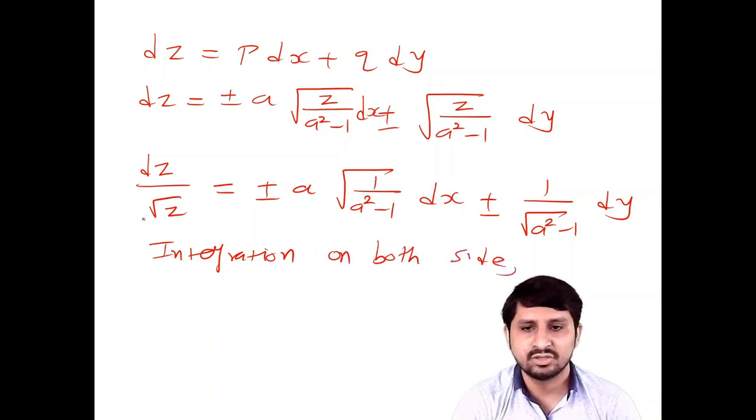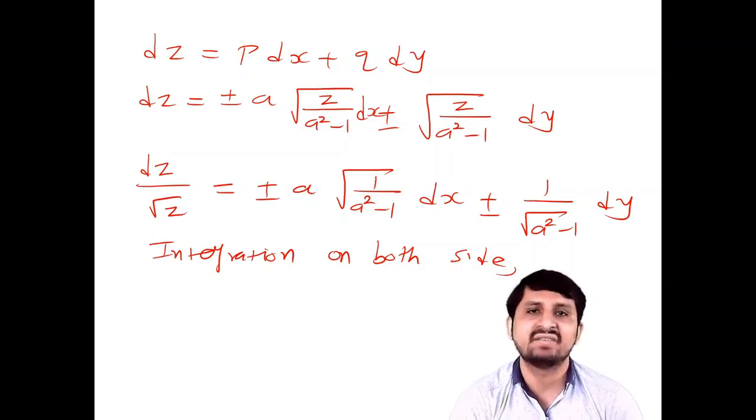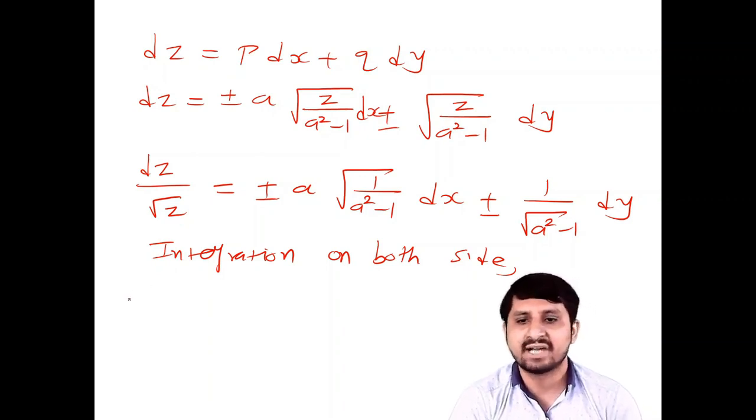So we know the integration of 1 upon root z with respect to z. 1 upon root z is equal to z raised to minus 1 by 2, and when we integrate with respect to z, that is nothing but z raised to 1 by 2 upon 1 by 2. So that is equal to 2 root z.